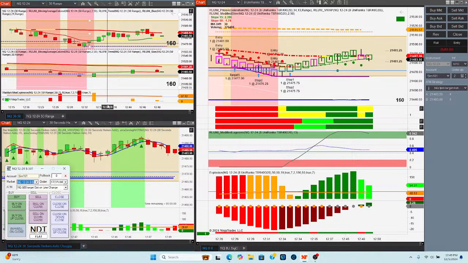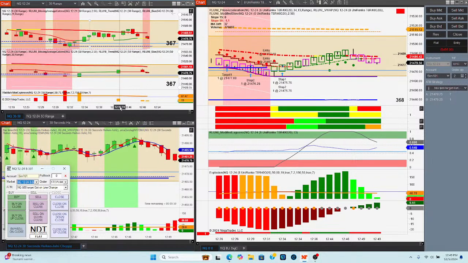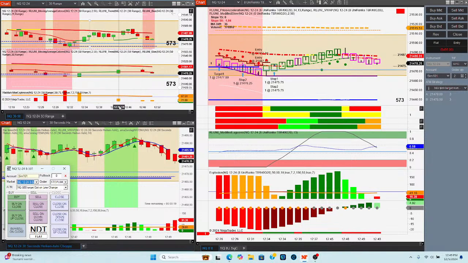Now, what are some signs? I would prefer to trade with over the explosion zone here. But I'm definitely not going to take an up move until I see a little bit more. Or down move, I should say. Up or down.